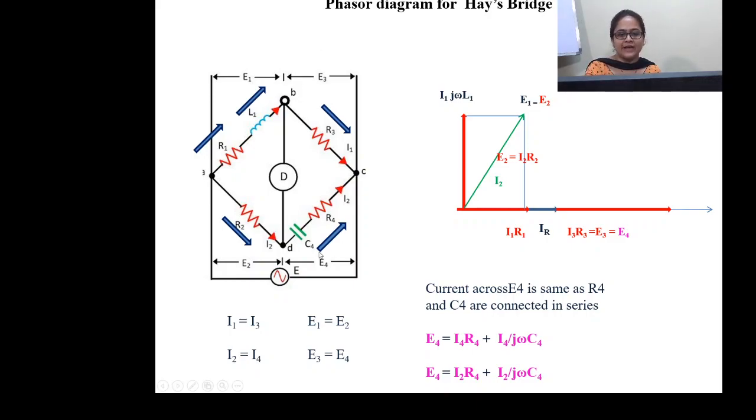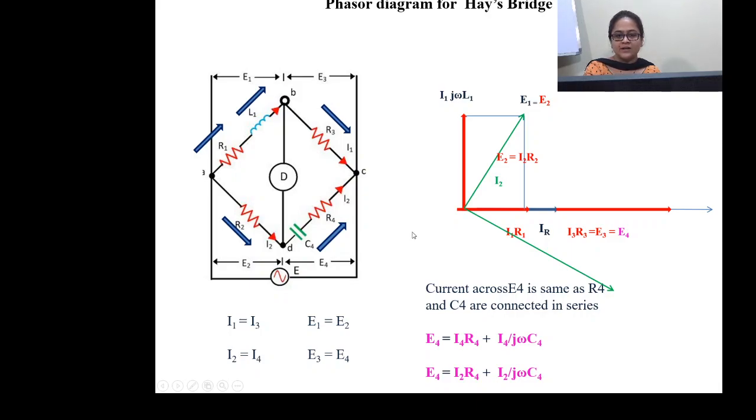Now let us see the fourth branch. For the fourth branch, we have capacitance and resistance. We know that I2 is the phase for current flowing through the capacitor and the resistor. So if this is the phase of current flowing through the capacitor, the voltage will be 90 degrees lagging, ICE. So we have drawn this 90 degrees clockwise. With this, we have got the phase of current and voltage across the capacitor.